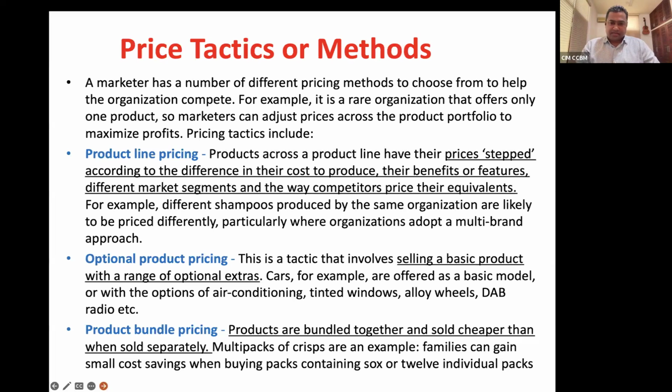Optional product pricing. This is a tactic that involves selling a basic product with a range of extra options. Car sales are ideal for this, or sometimes when you go to buy a house, it is the same. When you buy a car, they will show you the basic version. Then they will say, if you want different types of alloy wheels, that will cost you so much.